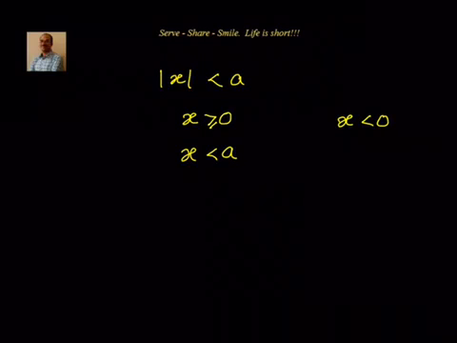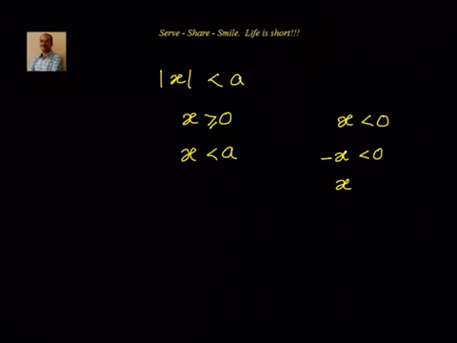Modulus of x value will be minus of x if x is less than 0. When x is less than 0, we know that modulus of x returns minus x. That's what we have seen in the last page. So, we know that modulus of x will be minus x.